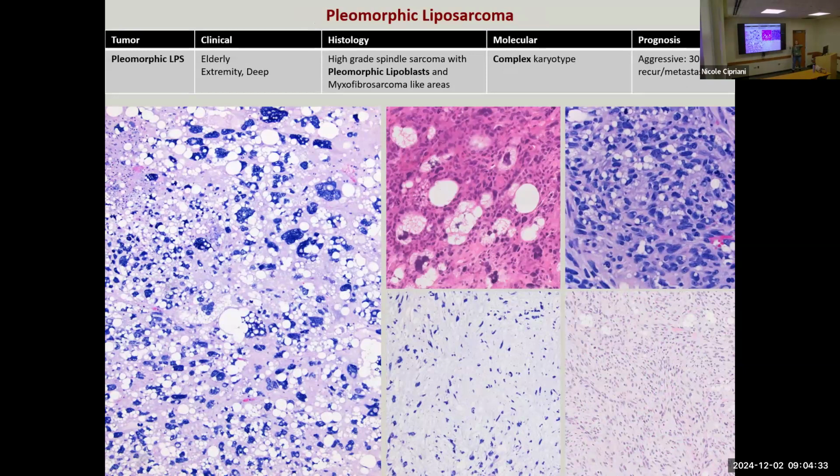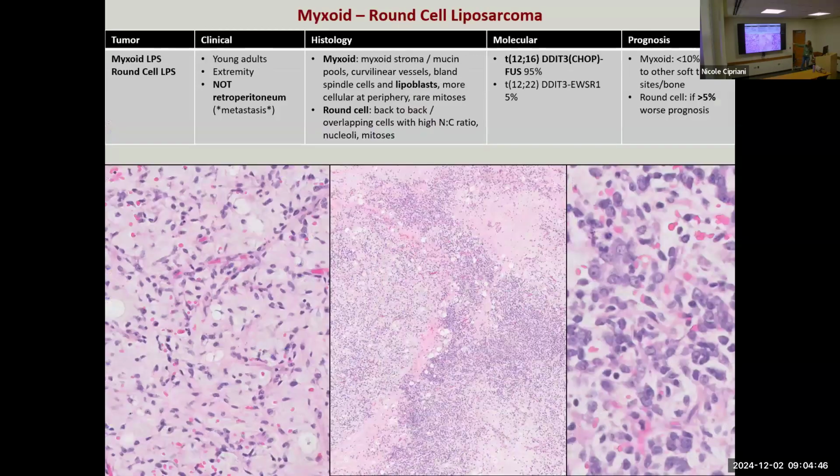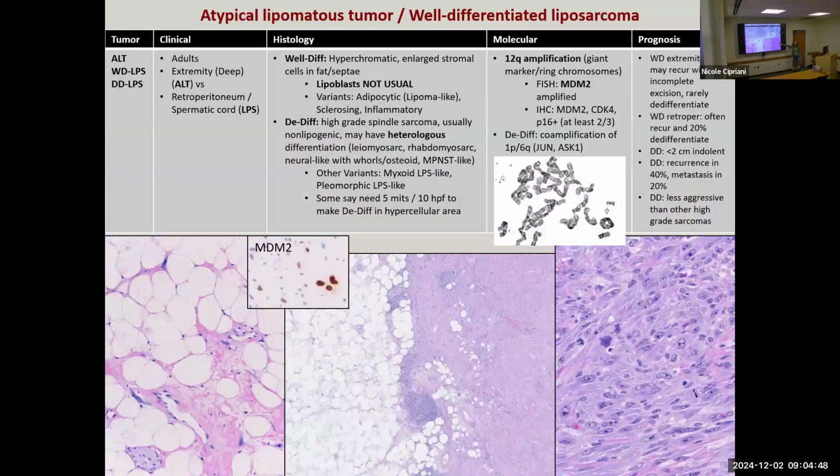If you see this in the retroperitoneum, what is it? Dedifferentiated liposarcoma. If you see this in the retroperitoneum, it is a dedifferentiated liposarcoma, not a pleomorphic one. Retroperitoneum is generally 99% this.